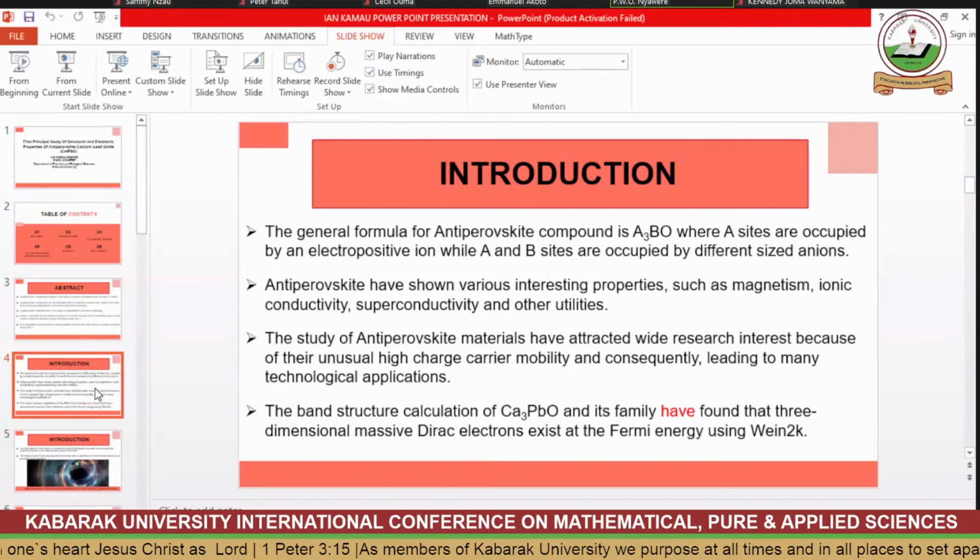The general formula of antiperovskite compound is A3BO, where A sites are occupied by an electropositive ion, while A and B sites are occupied by different size anions. Antiperovskites have shown various interesting properties, such as magnetism, ionic conductivity, superconductivity, and other utility.